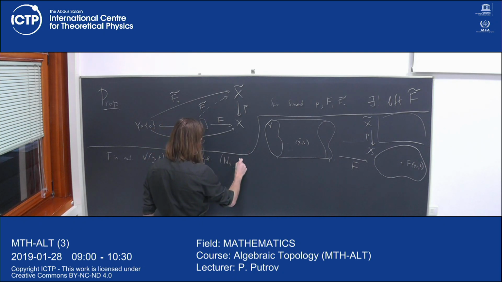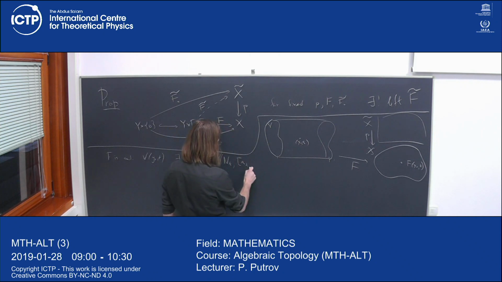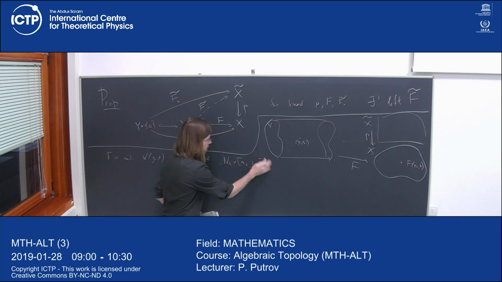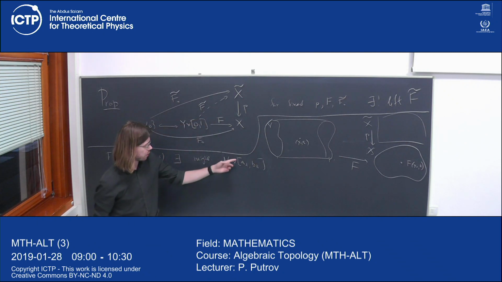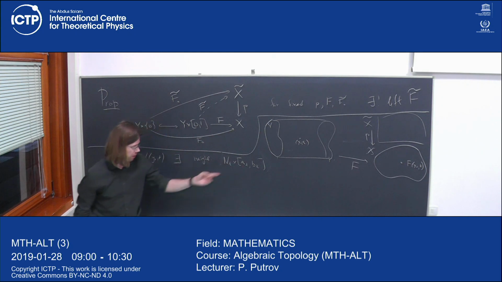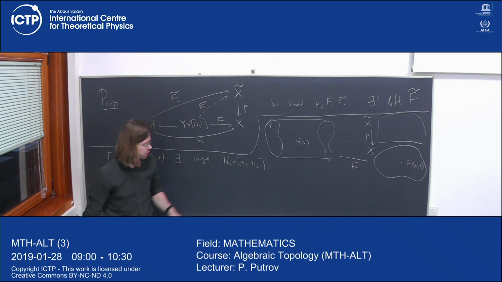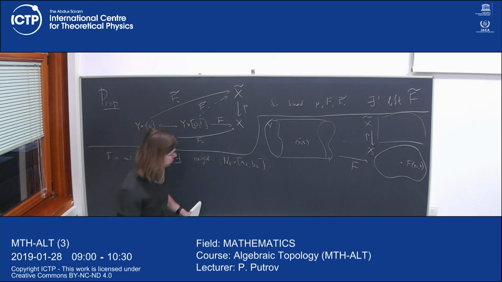Actually, without loss of generality, one can assume the neighborhood is of this form. Last time I wrote open brackets, but it's a bit easier to use the closed bracket, and we can assume this without loss of generality.